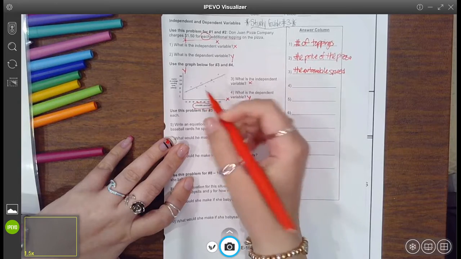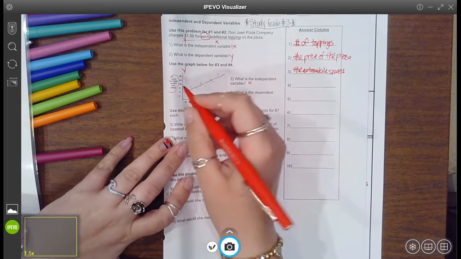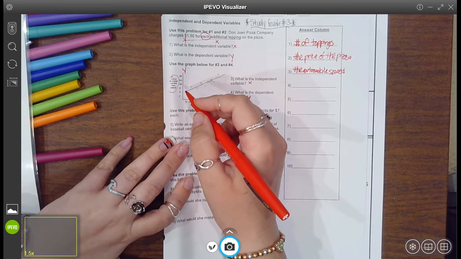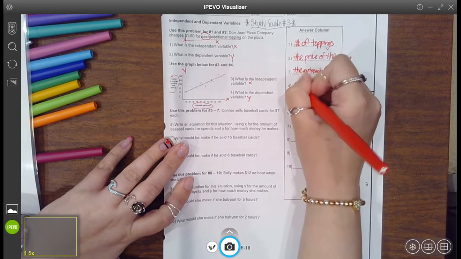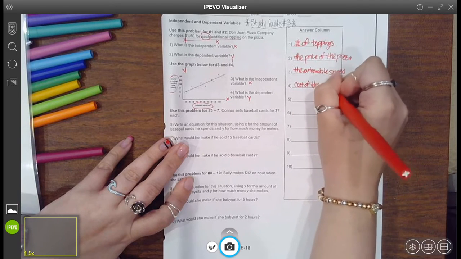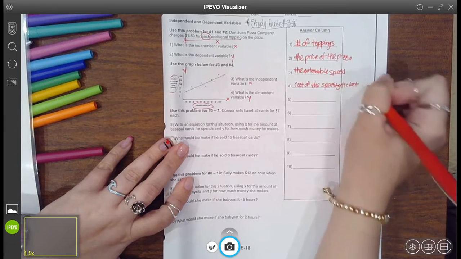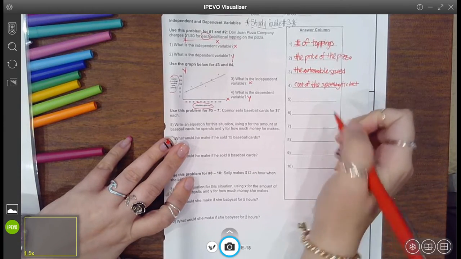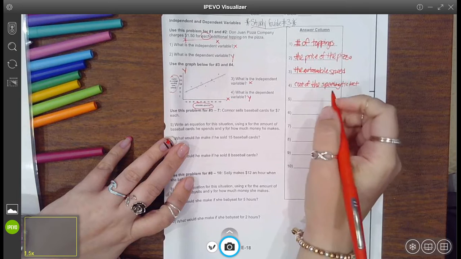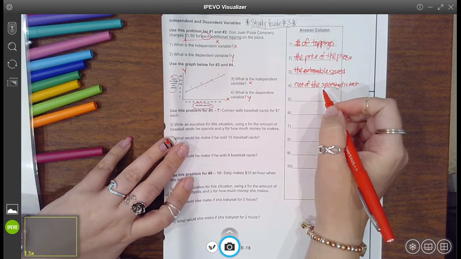And then the y-axis right here, what's it talking about? It tells you right there. It's talking about the cost of the speeding ticket. And if those don't seem related to you, let me just say, the nice cop that pulled me over last week said that, oh, I'll put that you were only going 5 miles over the speeding limit.